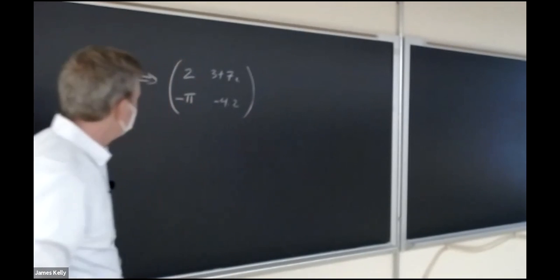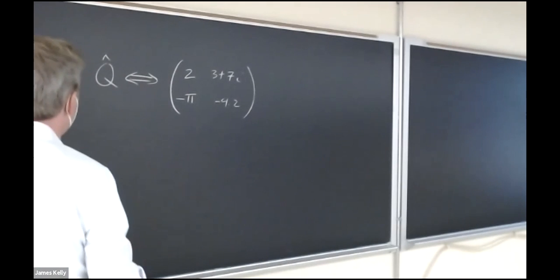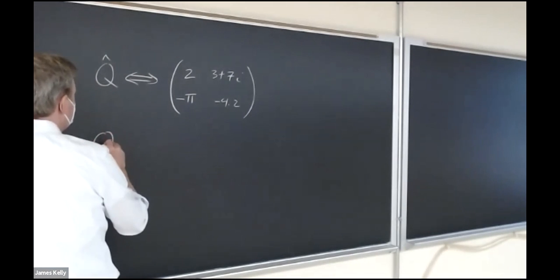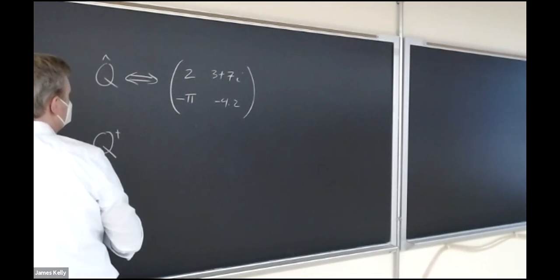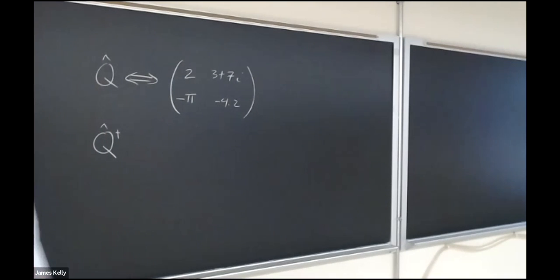There's an operator on a 2-dimensional vector space, not necessarily Hermitian. The question I want to know is, how do I get the matrix elements of Q dagger, the Hermitian conjugate to it? Anybody remember just what the final answer is, and we'll show it?